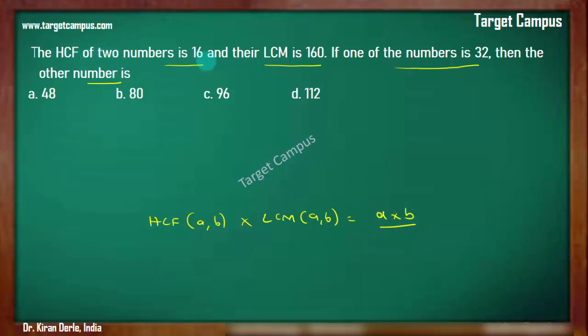So the HCF is 16, the LCM is 160, and one of the numbers is 32. Find the other number. So 16 into 160 is 32 into B, so B is equal to 80. The other number is 80. That's my answer. Just a simple formula and it will make your life easier, guys.